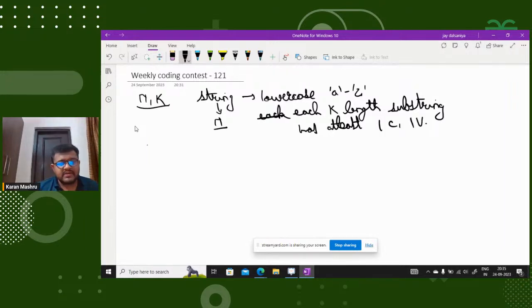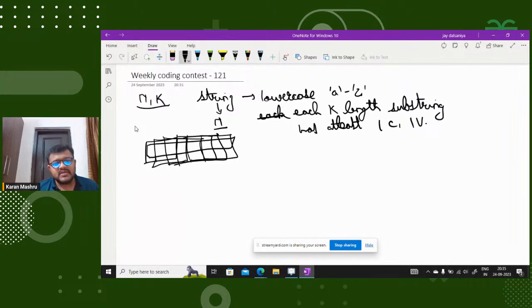Let's suppose this is my string of length n. So this is the first substring of length k, this is the second substring of length k, this is the third, the fourth, the fifth, the sixth substring of length k. Basically, for all the substrings of length k, it should have at least one consonant and one vowel.